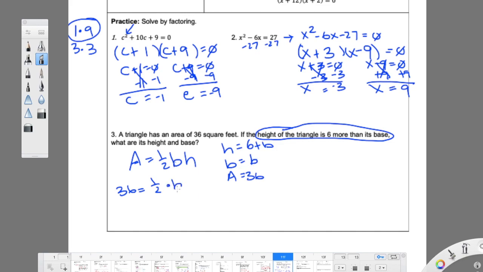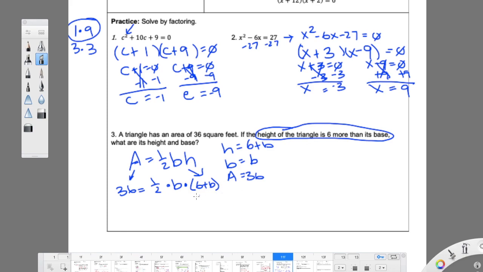But instead of h, I'm going to replace that with 6 plus b. So I'm multiplying by a binomial there. So I'm substituting some pieces in here, right? B didn't really change because b still equals b. We're identifying that one. But h and a changed. They're still the same. They represent the same thing. We're just working them in so we can solve this equation.